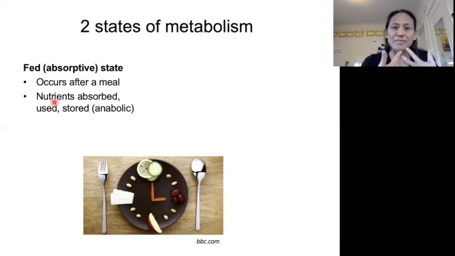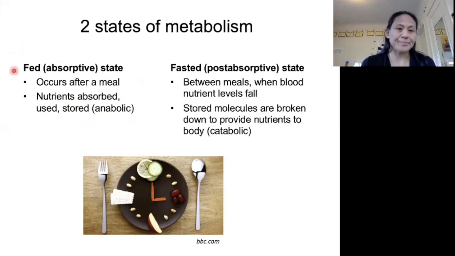We have a bunch of stuff that has been absorbed. During this state, we absorb nutrients, we use them right away in our cells, or we store them away somewhere in our bodies. Basically, these are anabolic processes that happen in the fed state.